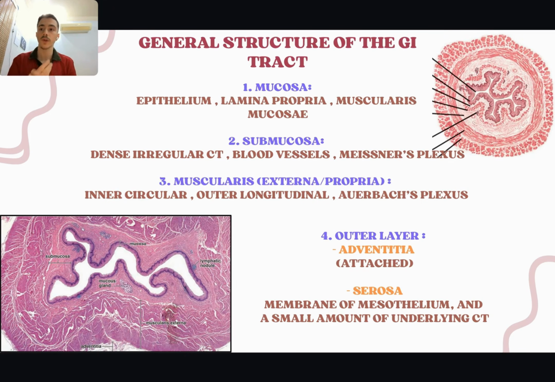We have four layers of the GIT tract in general: mucosa, which is the innermost, then submucosa, then muscularis, which is the muscle, and the fourth one depends on the place. It's either adventitia or serosa. Adventitia is for the organs that are not attached to mesentery.